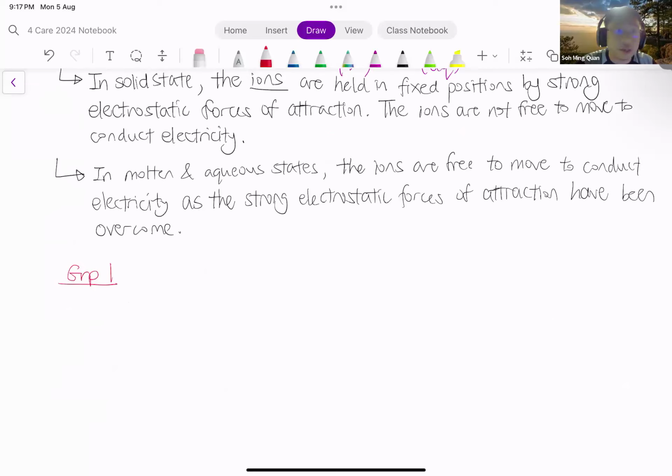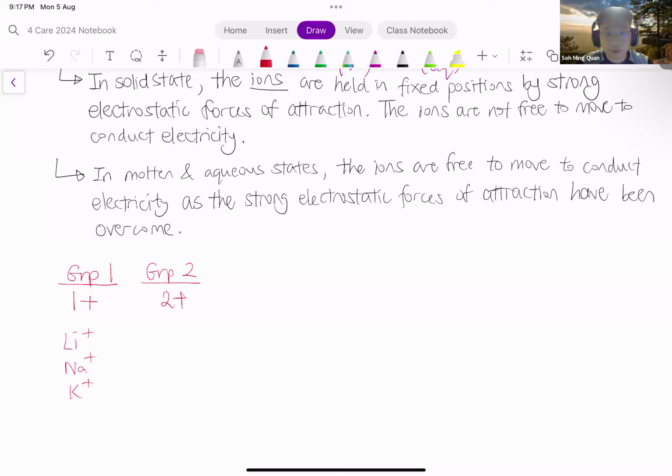Therefore, all the elements in group 1 will lose one valence electron. If you lose one valence electron, the charge is 1 plus, like Li plus, Na plus, K plus, and so on. Group 2 has 2 valence electrons, and therefore you will lose 2 valence electrons. When you lose 2 valence electrons, it forms a 2 plus charge.